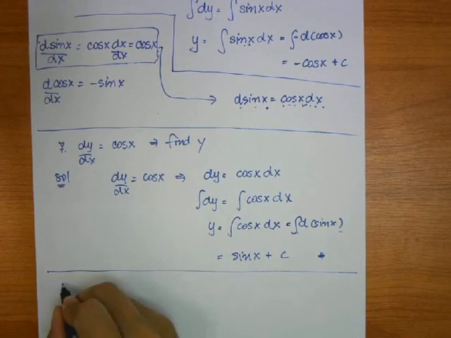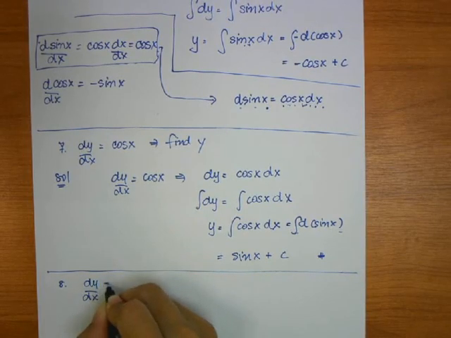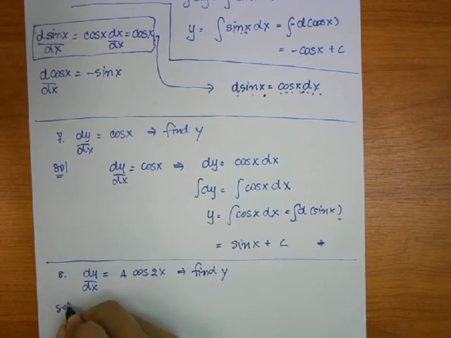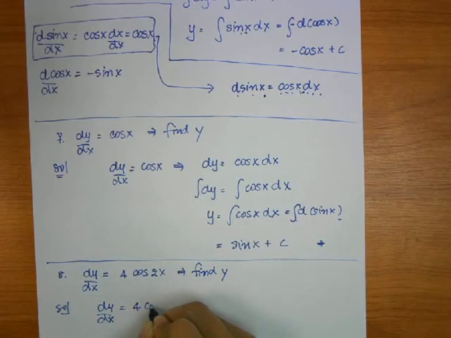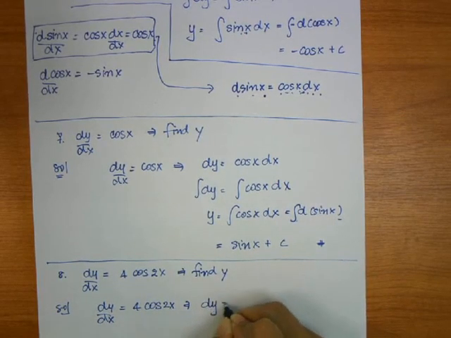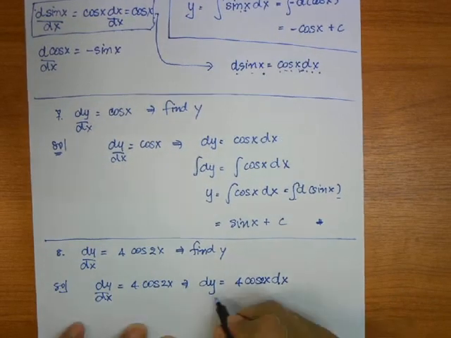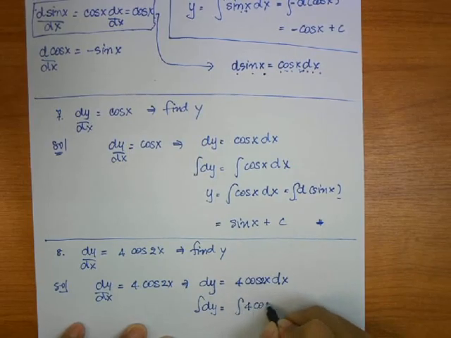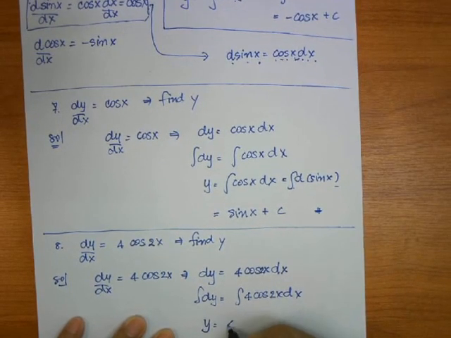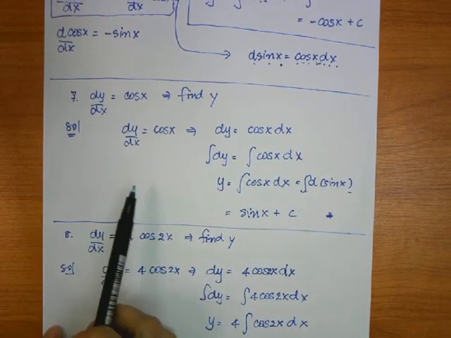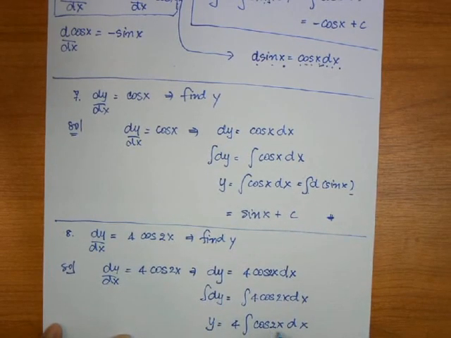Next example. This is different from the previous problem in the sense that the angle of cos is 2x, but the differential is for dx.